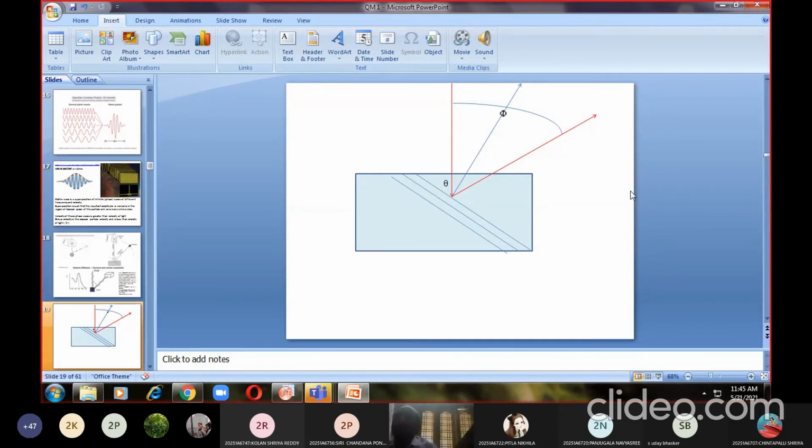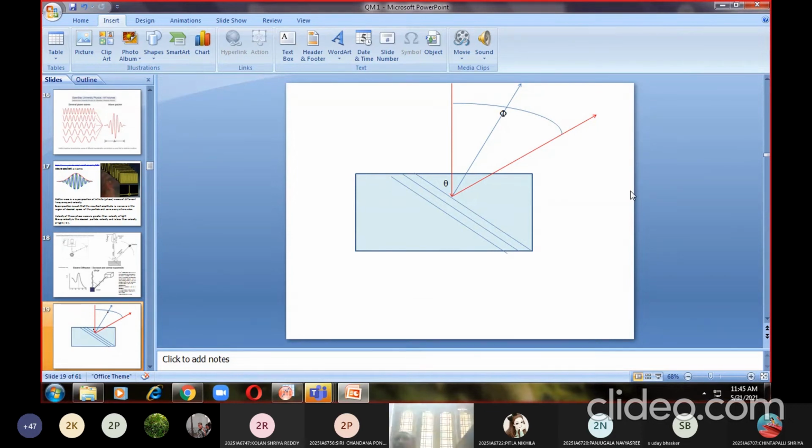Now in Bragg's law, in 2d sine theta, theta is the angle made by the rays with the crystal planes. Please remember, in Bragg's law, theta is the angle made by the rays with the crystal planes.